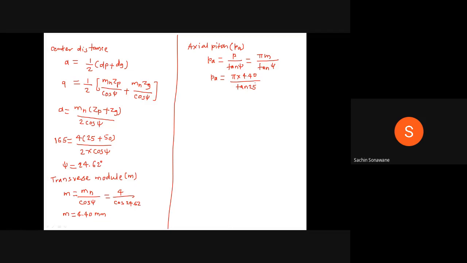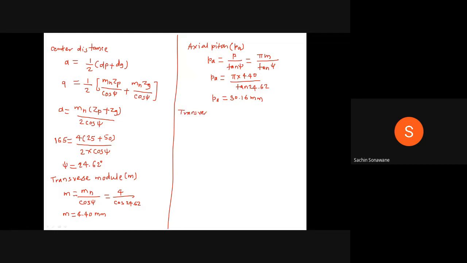What is psi? Psi is equal to 24.62. Therefore, calculate the answer for PA. What is the value? 30.16 mm.